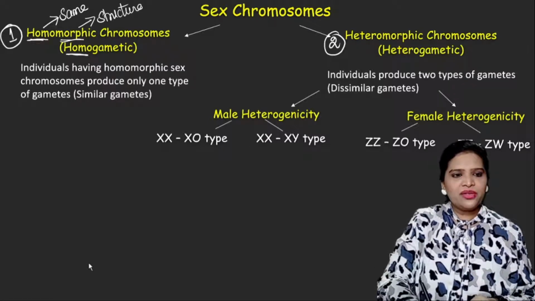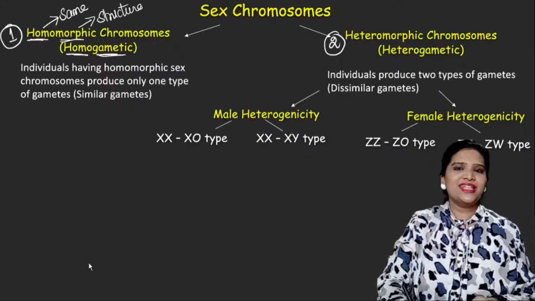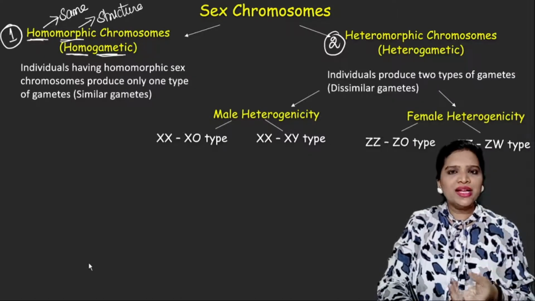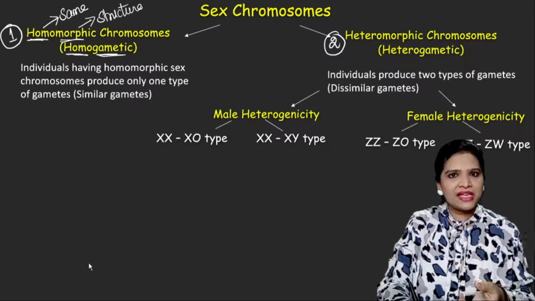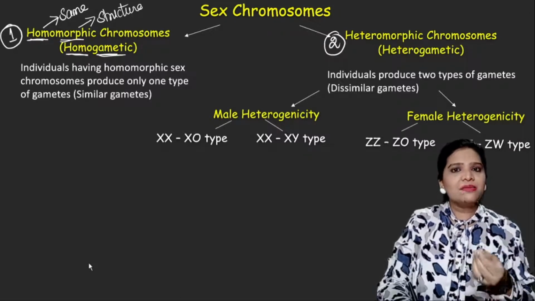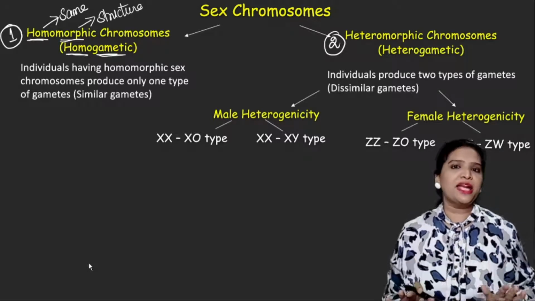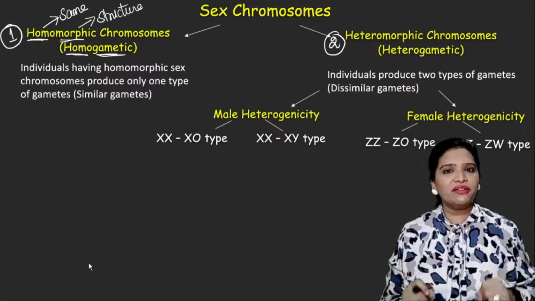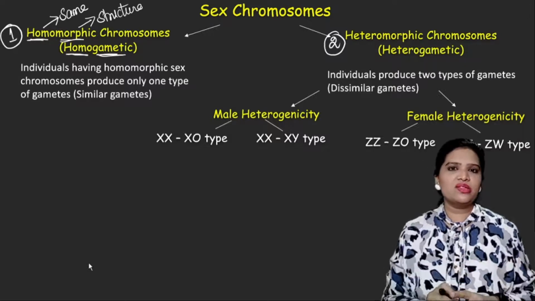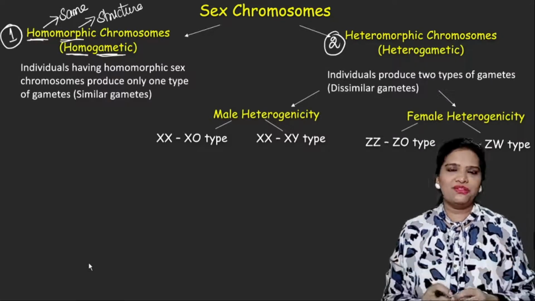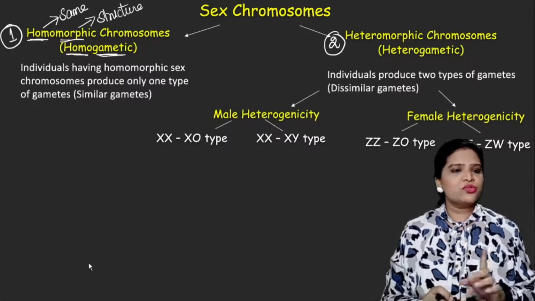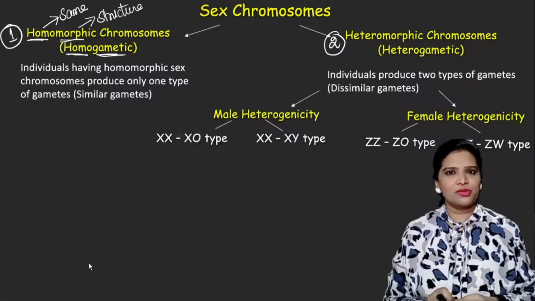In another word, we call this as homogametic. We know that the gametes are the reproducing cells in an organism, right? So any organisms having these homomorphic chromosomes produce the same type of gametes. We could not differentiate which is the male gamete or which is the female gamete by just observing phenotypically. So such chromosomes are called as homomorphic chromosomes.